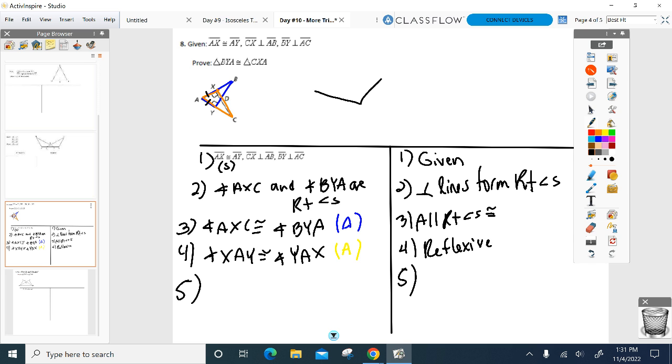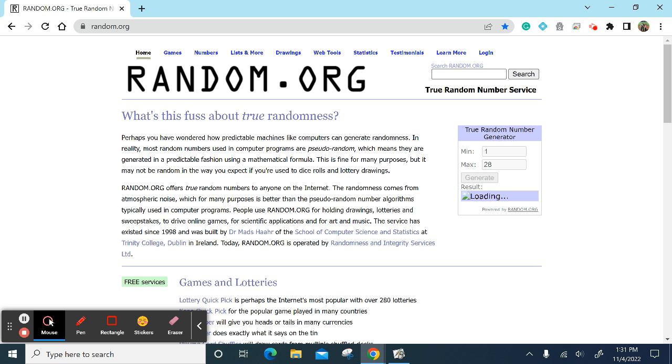So if I take BAY, for instance, I have a right angle at Y. What other markings should I have on this diagram? AY. And what did we just talk about? Angle A. Pretty easy now to see if it's angle side angle or angle angle side, I hope.